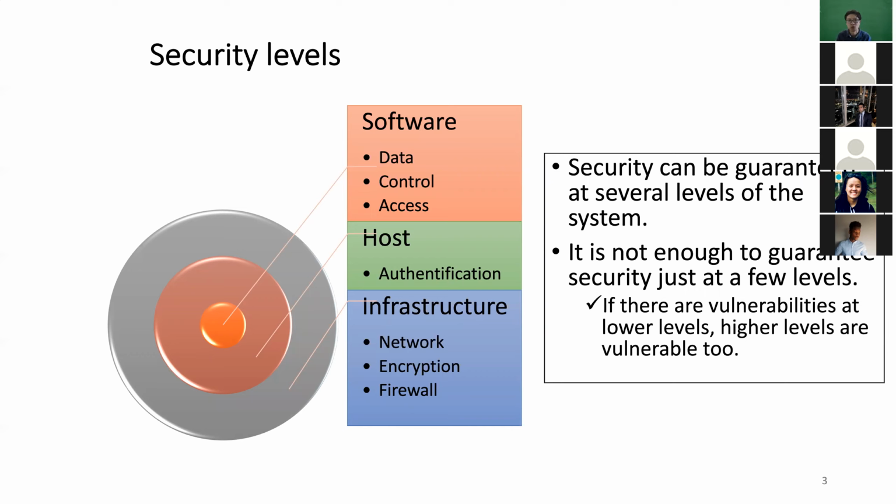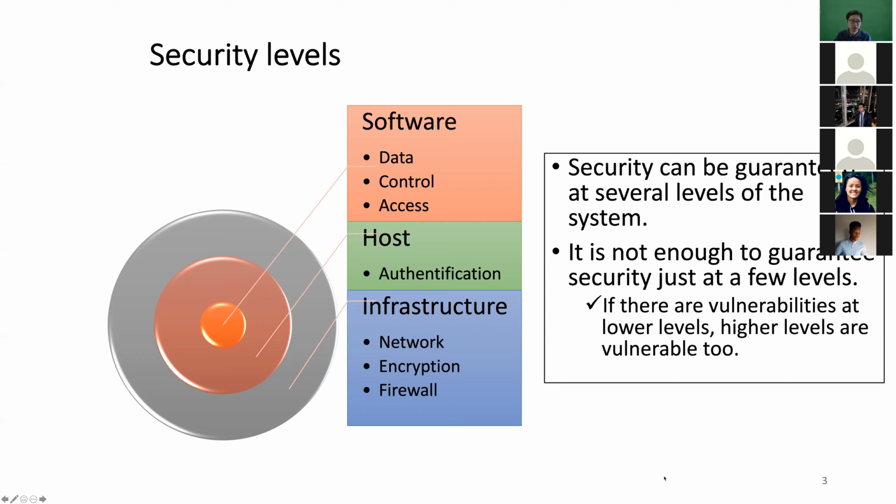The next level is authentication of the host. The host machine would grant access to some users but not to other users, so they need to use a username and password to get their right level of access.